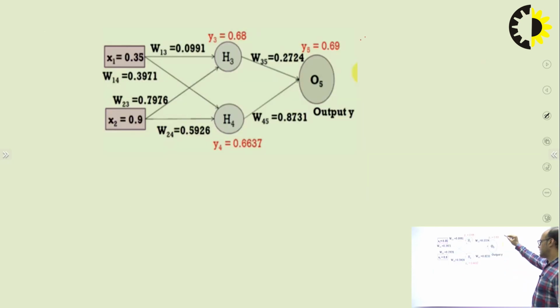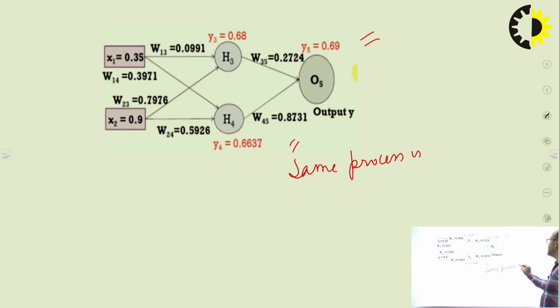This is the diagram here. The same process is followed, and after that we again do the forward pass. These are the updated values. If we are satisfied then it's okay. Otherwise we will again do the same process.